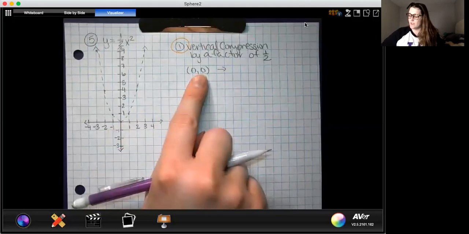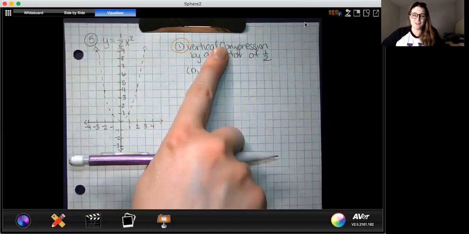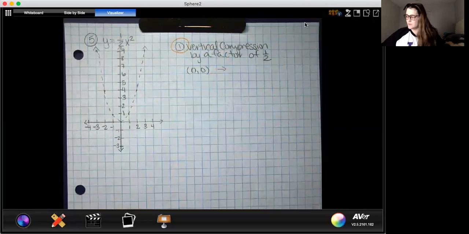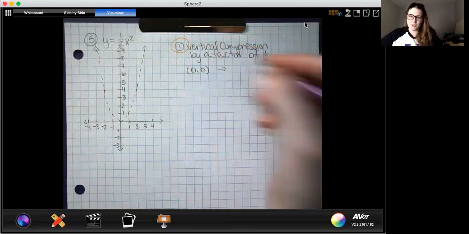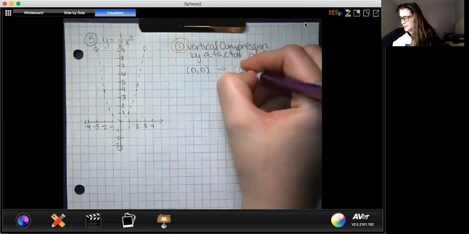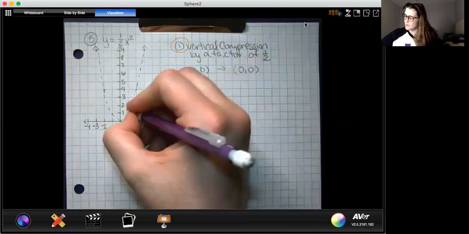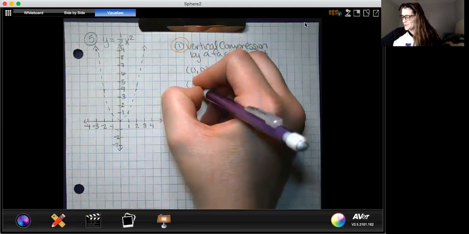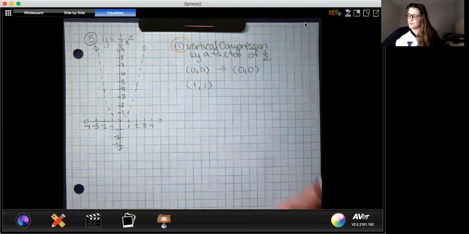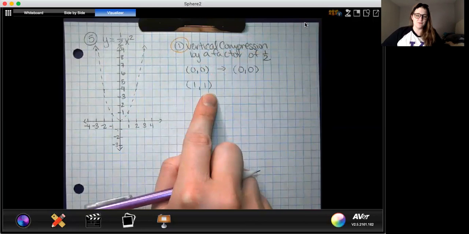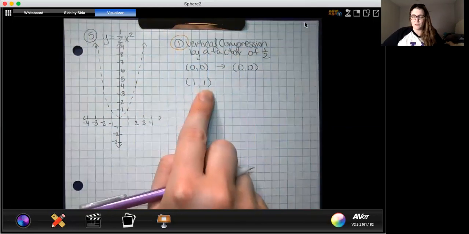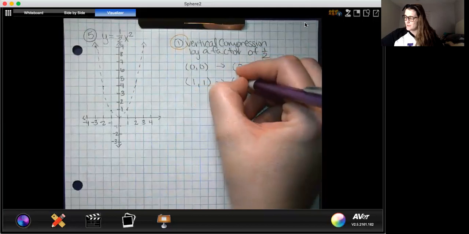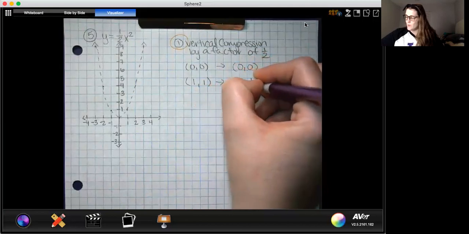So your y value is what's going to change, because it's the vertical compression, and y is your vertical values. But when I compress 0 by half, it's still 0, 0, right? Nothing's changed. Let's think about our next value, which is normally 1, 1. If I compress my vertical value, 1 times a half, would now be 1, 1/2.